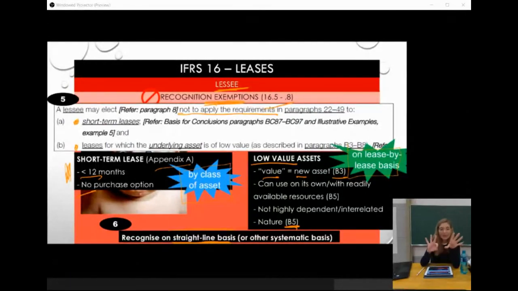If after the lease term we realize that we are actually going to be able to use that asset for another 5 years, that will be a change in estimate in terms of IAS 16. Because the moment we exercise that option to purchase, the right of use asset becomes an IAS 16 PPE asset.